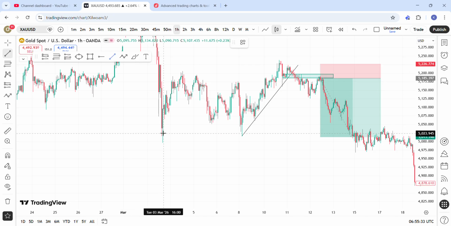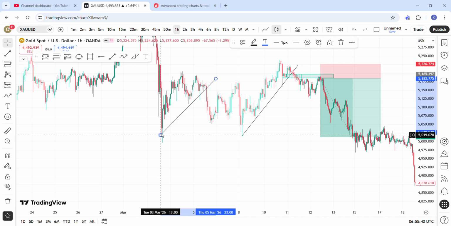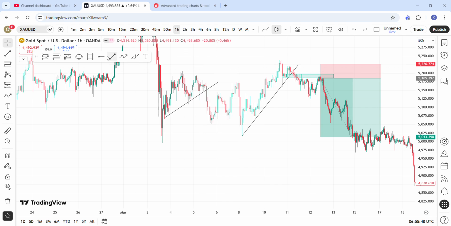This one there was no retest. I'll take it from here. So this was the zone here.